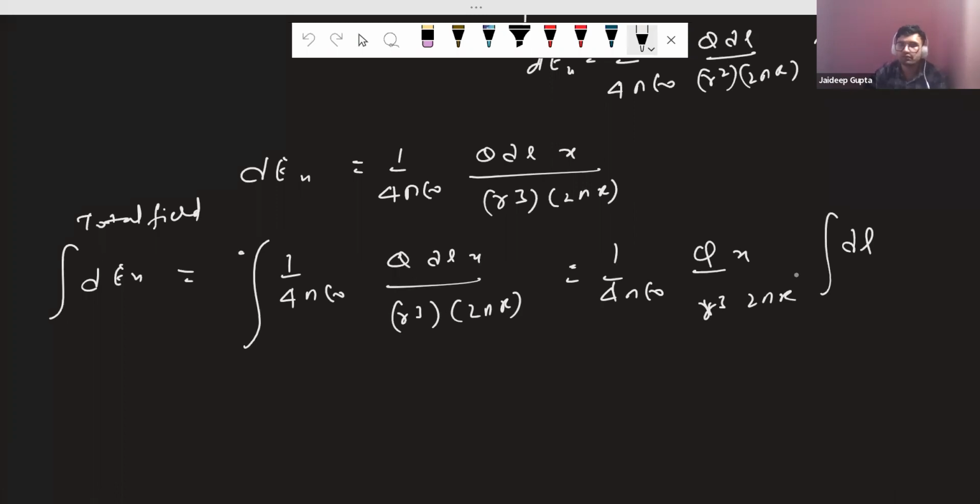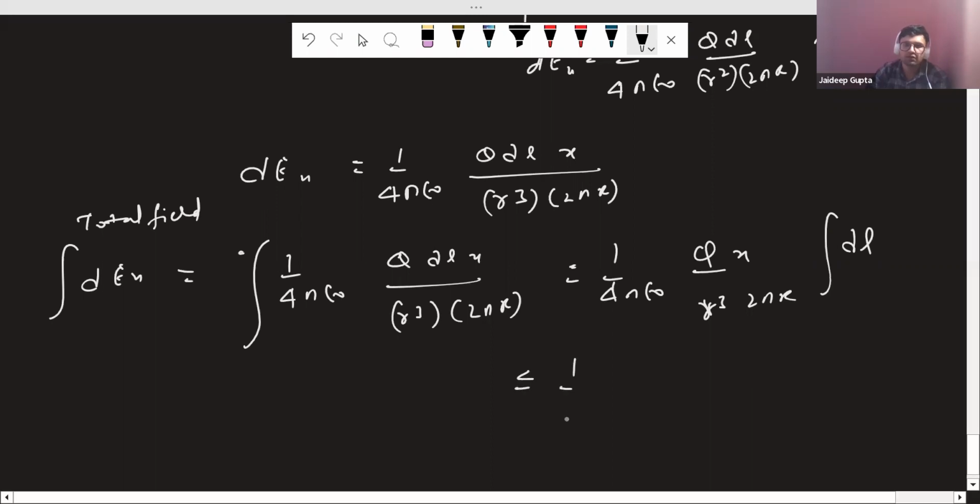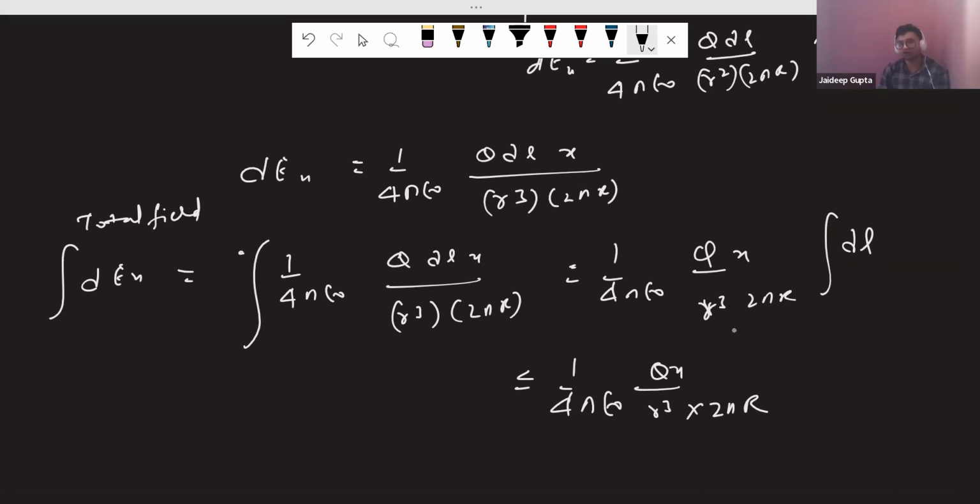what will you get, Iram? If I integrate dl, that is the small length, very, very small element of the ring, what would you get? dl is the length.